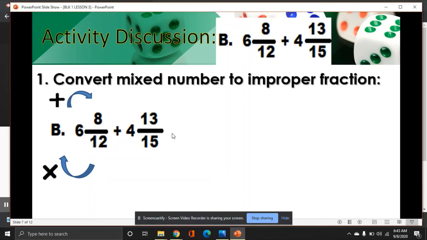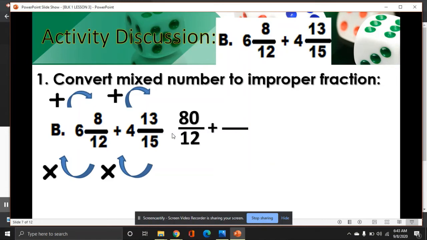We need to multiply our denominator by the whole number, then the result would be added to our numerator. Okay, so 12 times 6 plus 8 would be 80. Copy our denominator, plus 15 times 4, and the result would be added to our numerator 13.